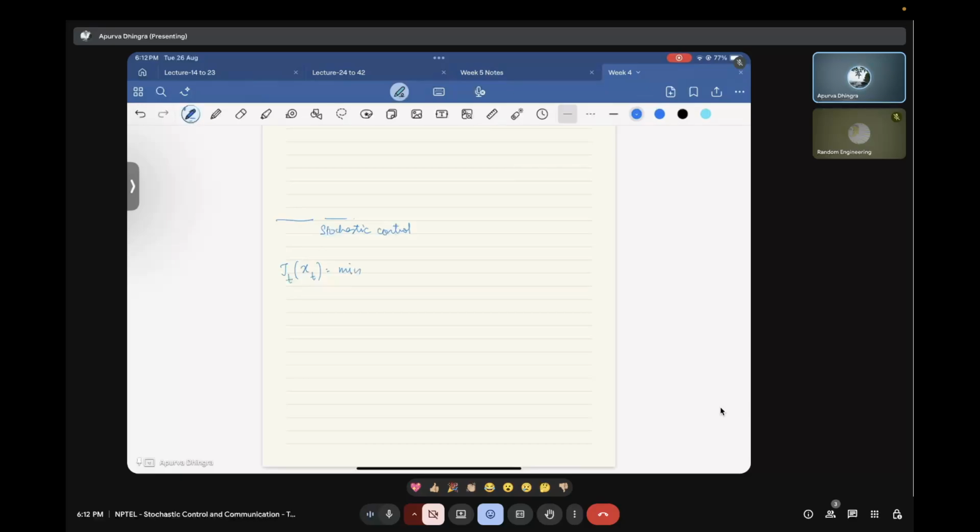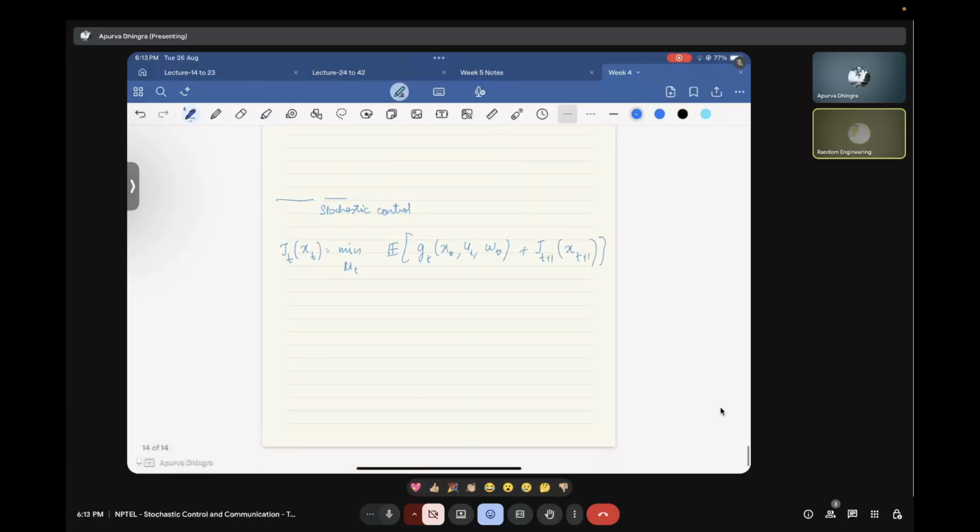That's the only reason for max or min. That part is same, but let me just write it down. To be more specific, it is over pi, or not even pi, it's over u_t. So this is J star, right? Not J.